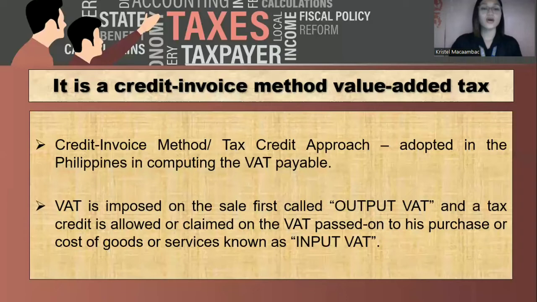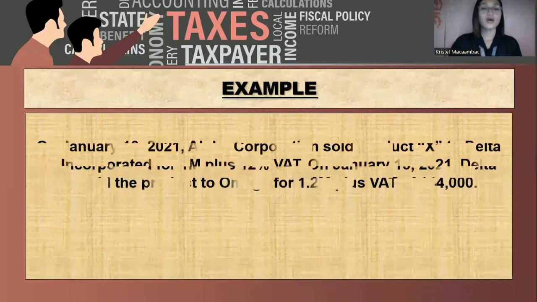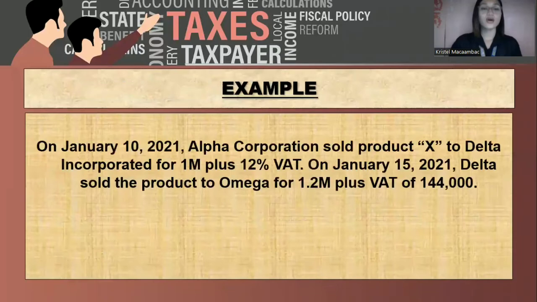But to have a clearer understanding of the whole explanation I've uttered, we have here an example. It states that on January 10, 2021, Alpha Corporation sold product X to Delta Incorporated for 1 million plus 12% VAT. On January 15, 2021, Delta sold the product to Omega for 1.2 million plus VAT of 144,000.